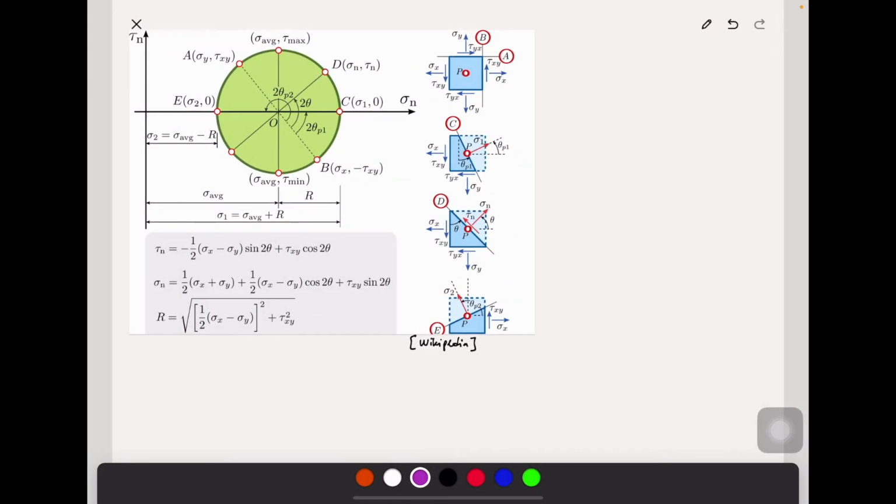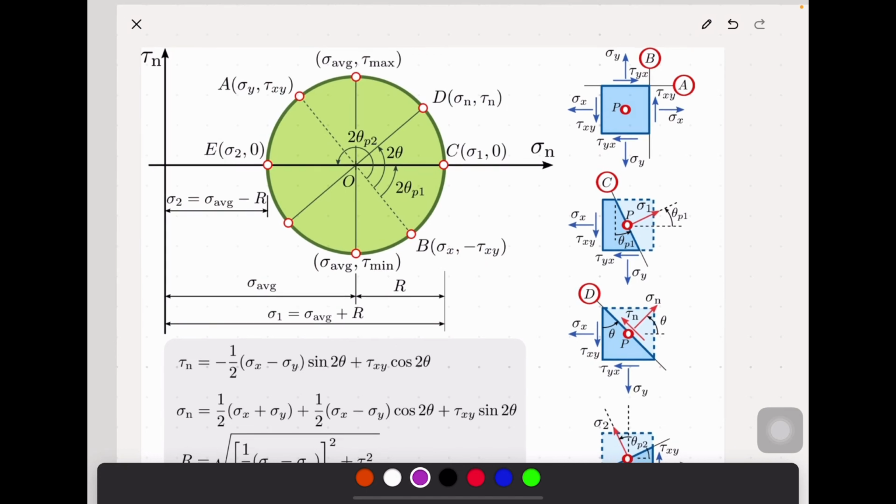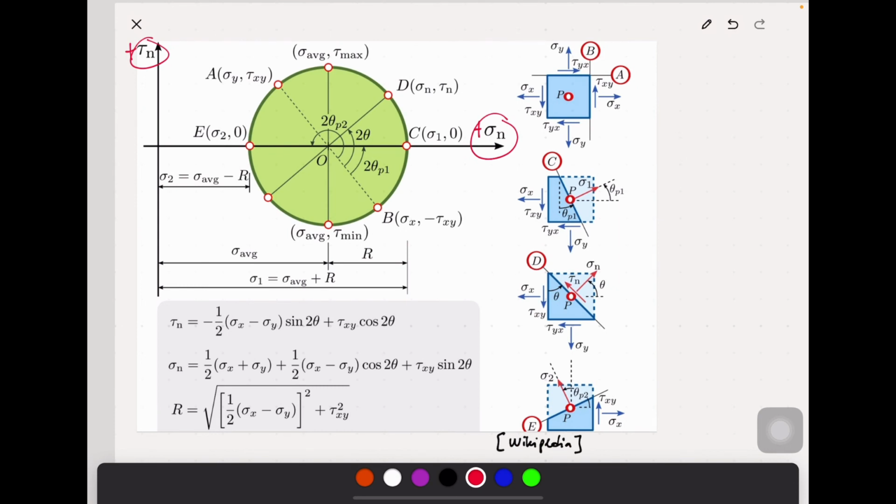This is credit to Wikipedia, right? This is an example of a Mohr circle. If you notice, they are using a slightly different convention, positive for normal stress to the right, but upward for positive shear stress. So everything is going to be on the left side, right here.